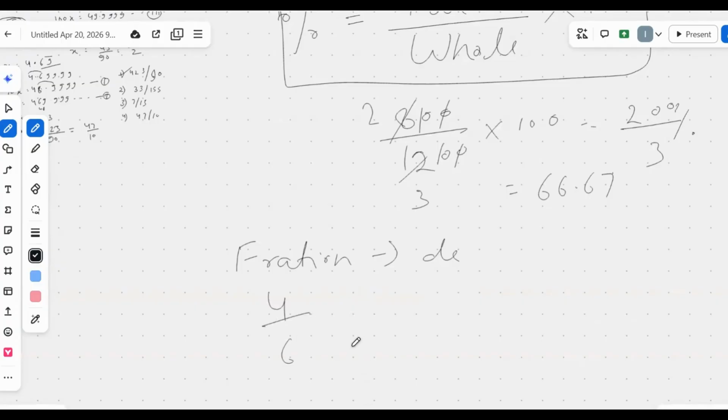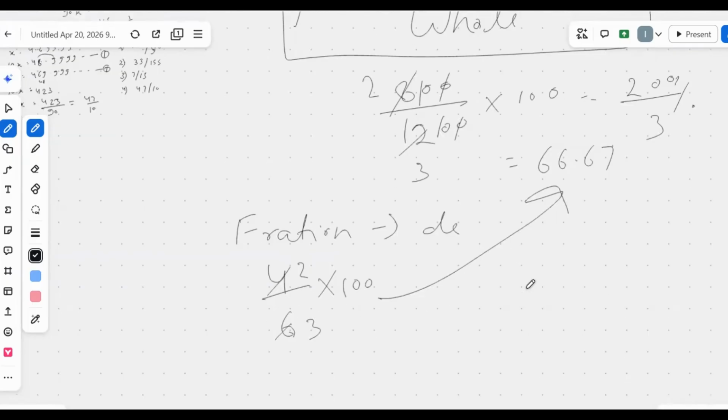What will it be? It will be the same as the previous one. 4 over 6 is 2 over 3, which is 66.67. Yes, the same one.